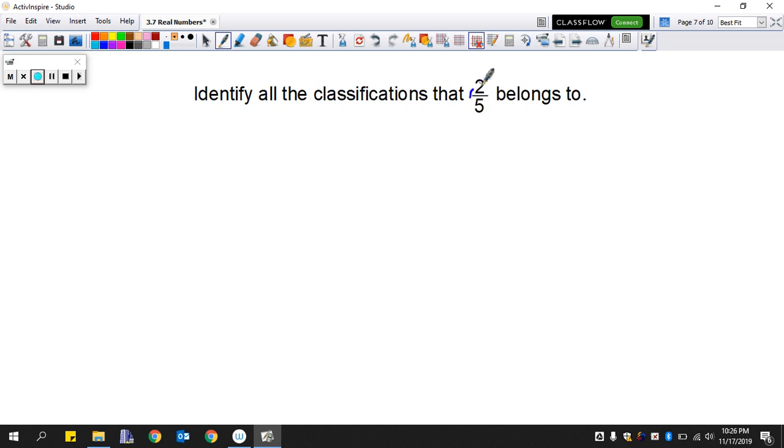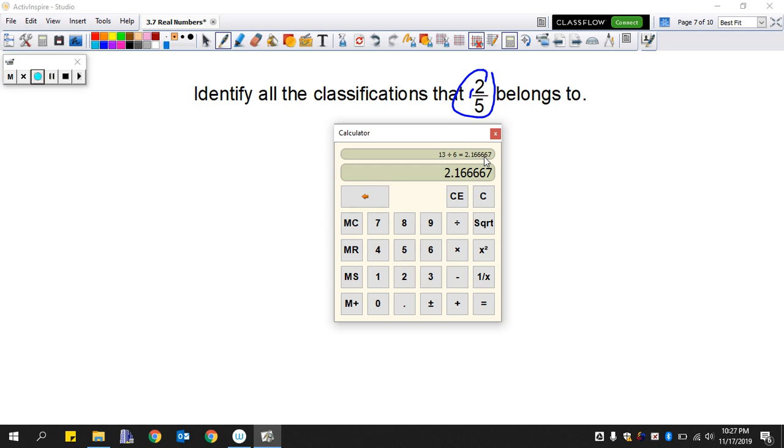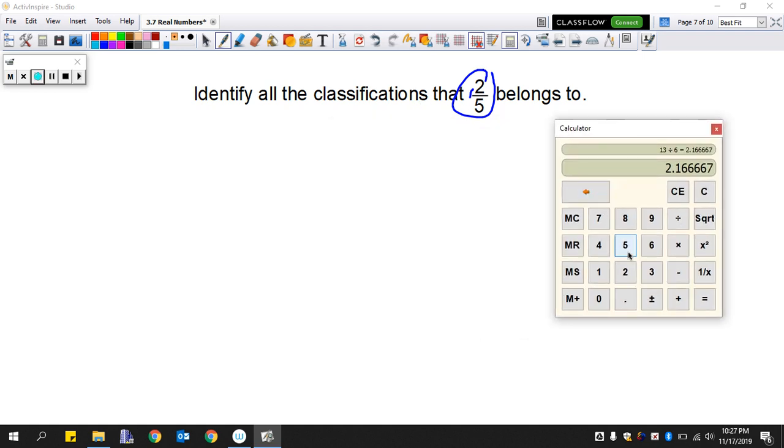2/5. 2/5 is a fraction. Okay, so it can be written as a fraction, and if you write it as a decimal, 2 divided by 5 is 0.4. Okay, so this is a real number.